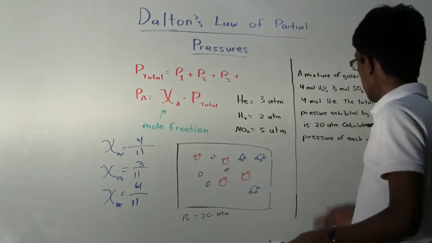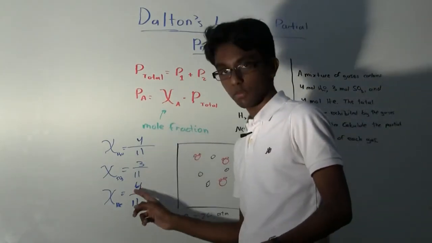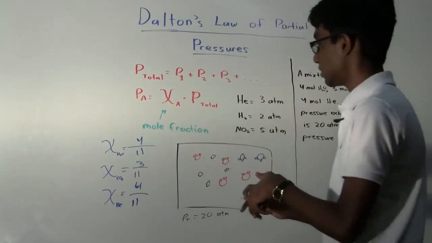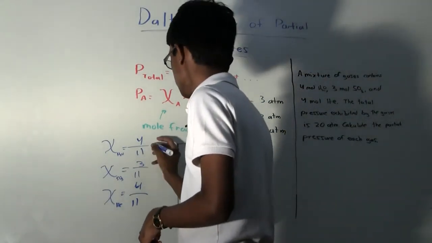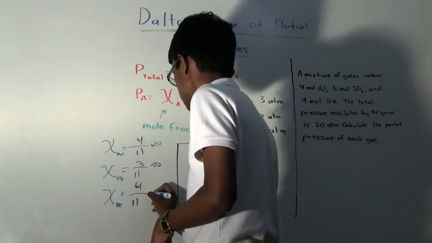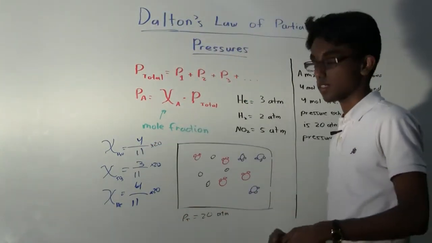We have the mole fractions, and now we want to calculate the partial pressures. So all we do, very easy, we multiply these mole fractions by the total pressure of all the gases in the container. So we're going to multiply this by 20. We're going to multiply this by 20. We're going to multiply this by 20 to find out what the individual pressure of each of these gases is in the container.